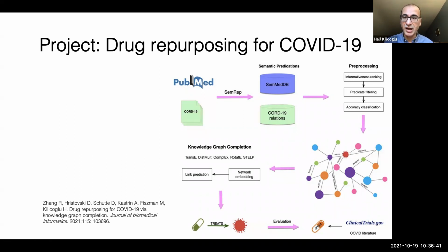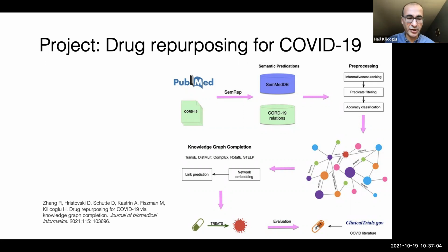Last year, we drew from the SemMedDB database, and we did some processing. We created a knowledge graph of all the knowledge in the biomedical domain as extracted by SemRep. And then we used what's called link prediction or knowledge graph completion methods.